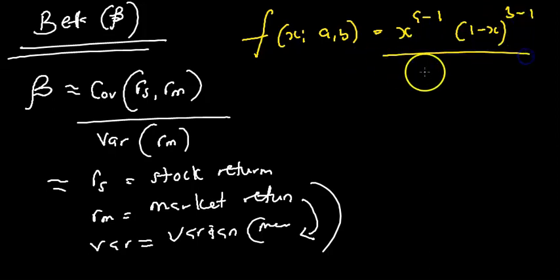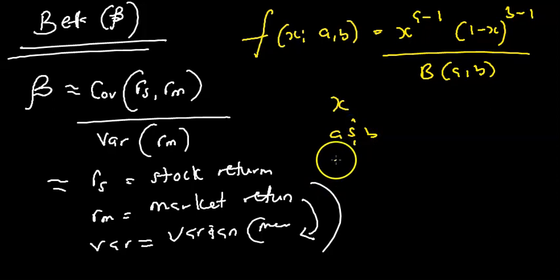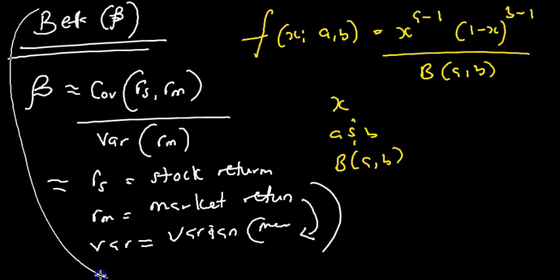We're going to divide everything by B into bracket of a, comma b. In this case, notice that x is the random variable, and a and b are the shape parameters. Then the last thing we have, which is B into bracket of a, comma b, is what we call the beta function.